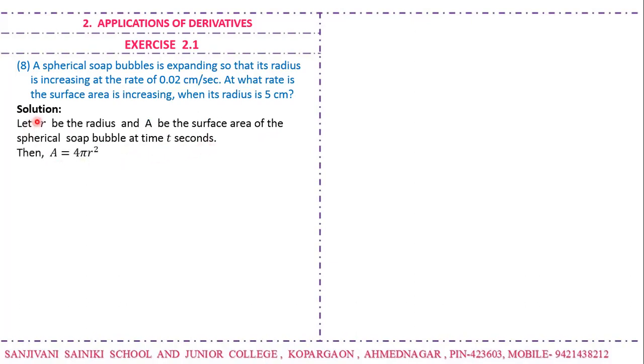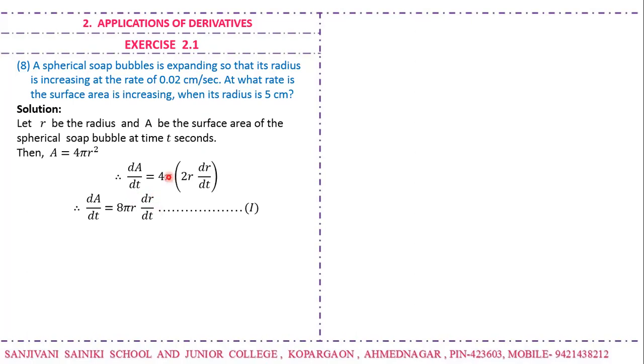What is the formula for the surface area of the sphere? It is 4 pi r square. So dA by dt, the rate of change of area with respect to time, is 4 pi 2r into dr by dt. It is given that the rate of change of its radius is 0.02.